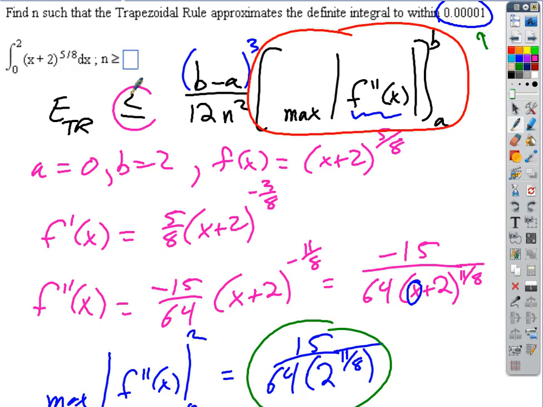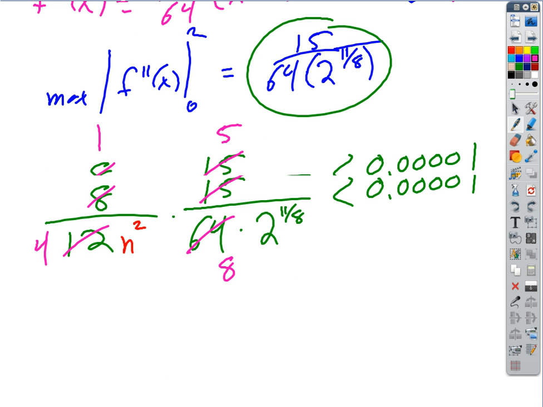This is just telling us the maximum possible error. It might be better, but you don't ever really know if it is going to be better, so you better take the worst case scenario and just assume that the error equals this, right? So that number has to be less than our target accuracy.